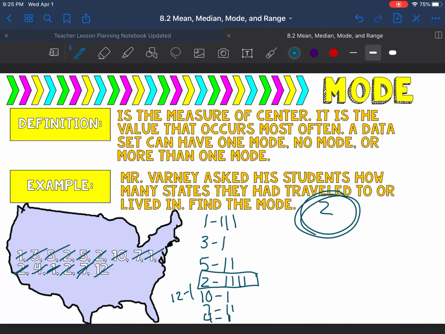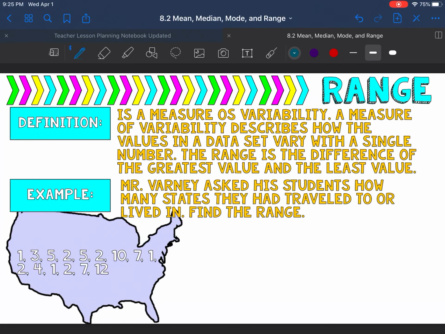All right, and then the last example that we're going to talk about is range. What is range? Range is actually a measure of variability. So a measure of variability describes how the values in a data set vary within a single number. Okay, so the range is the difference of the greatest value.